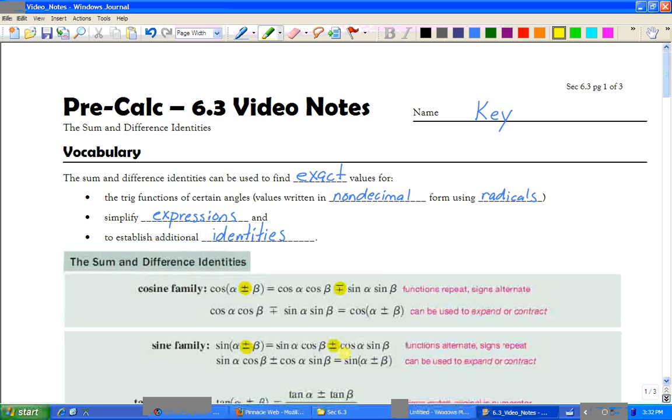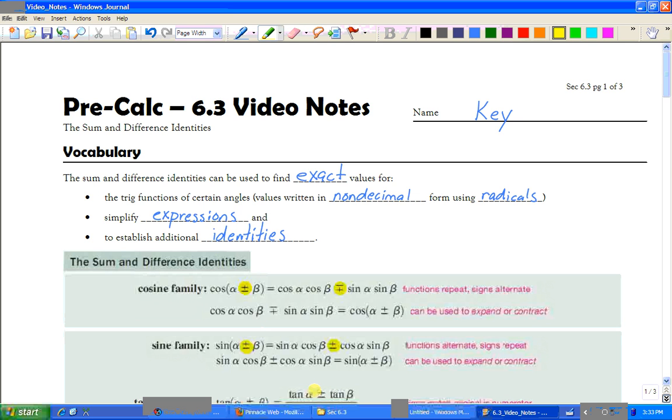I'm not going to move this up, but you can see this on your paper. For tangent alpha plus or minus beta, the numerator is the same sign, so it's plus or minus. But in the denominator, it's flipped, minus plus. So if it's a tangent sum, you're going to put a plus in the numerator and a minus in the denominator.